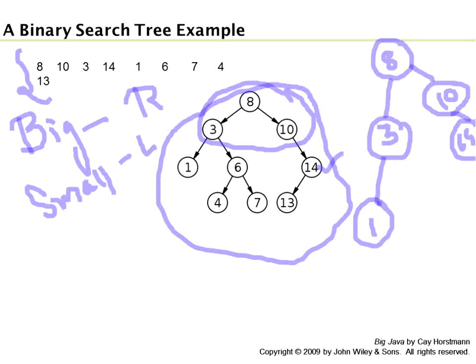So the difference between binary tree and binary search tree is that in case of binary search tree, you have to place big elements towards right and small elements towards left. But this condition does not apply for binary tree.